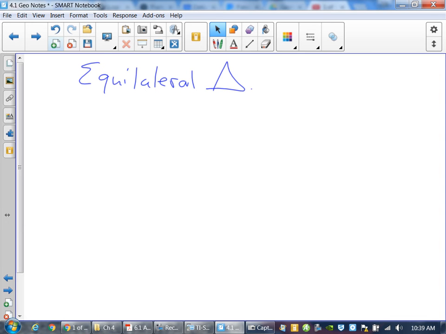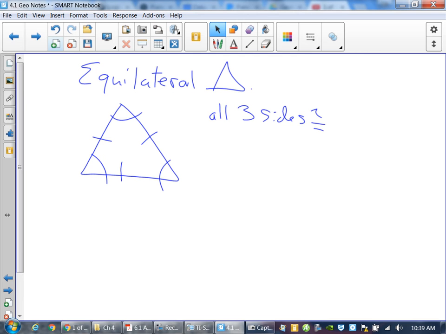So, an equilateral triangle has your 3 sides that are the same. And if it has 3 sides that are the same, that means you're going to have 3 angles that are the same. Correct. So, an equilateral triangle has all 3 sides congruent and all 3 angles congruent as well.